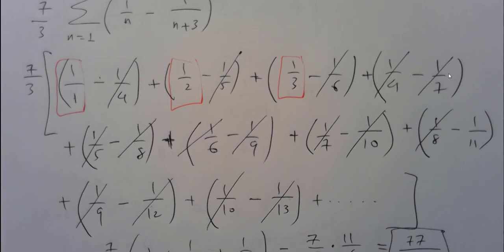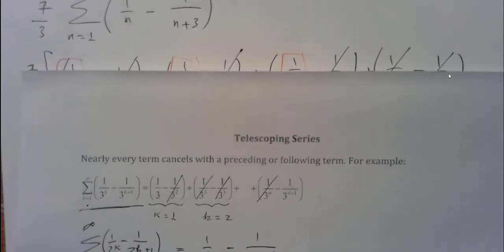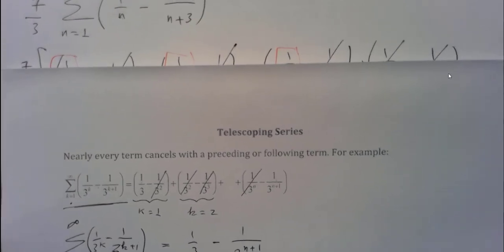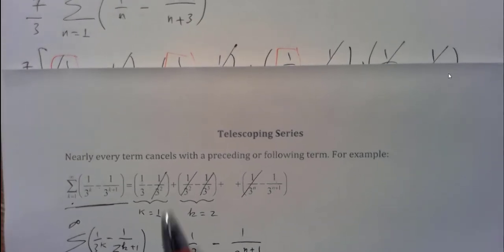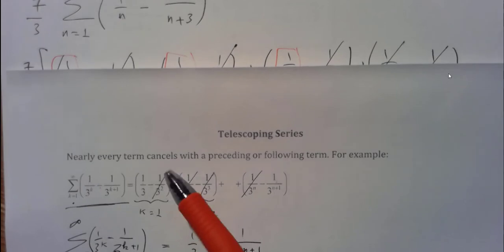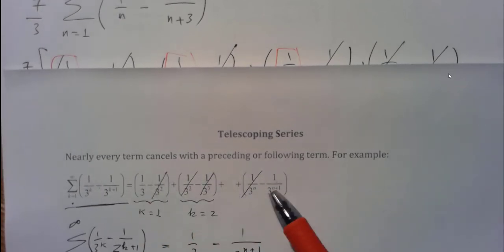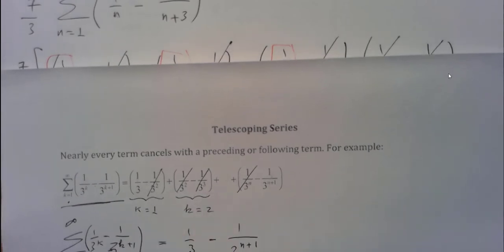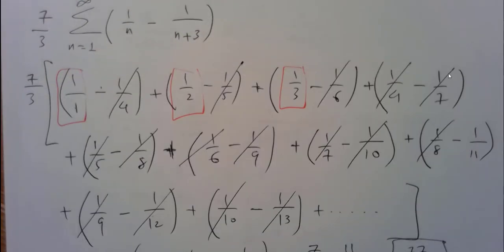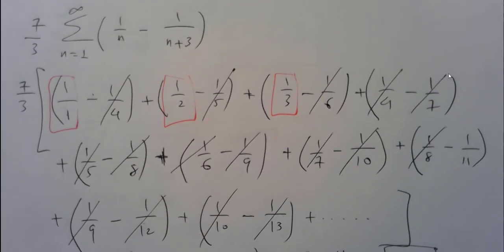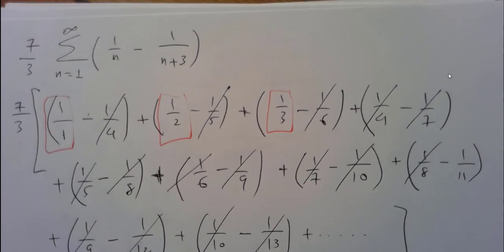Now, one more thing to pay attention to here. Before, in the example in the class, you see that for the telescoping series, they cancel out all the terms in the middle except the first term and the end term. But in this example, you can clearly see that they did not have that same pattern.